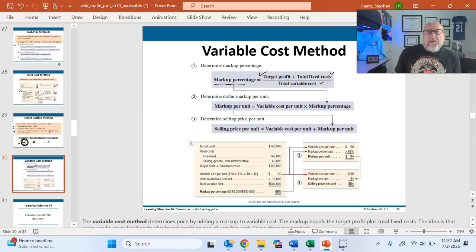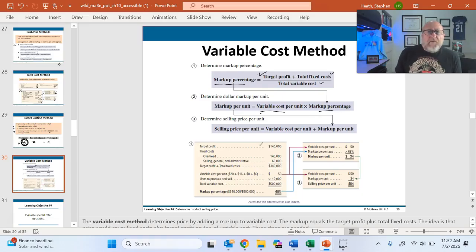Then once I have my markup percentage, I can figure out what the markup per unit would be, which would be the variable cost times the markup percentage. Then once I know the markup per unit, I can figure out the selling price per unit. It would be variable costs plus the markup per unit.